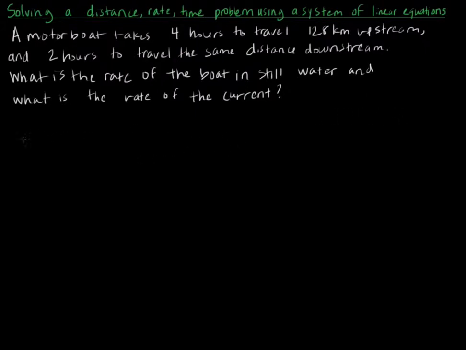If a boat is traveling downstream, so say this is the river, and here's your boat. Okay, and it's traveling downstream, and so the boat is pushing itself with some rate. Let's call that x, the rate of the boat in still water.